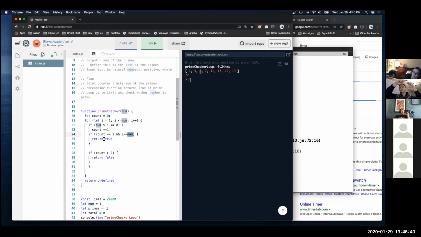What he did was, as soon as count becomes 2, you check right there whether i is equal to the number. Because all prime numbers are one and itself. So it was a very clever way of not having to go through a third loop.